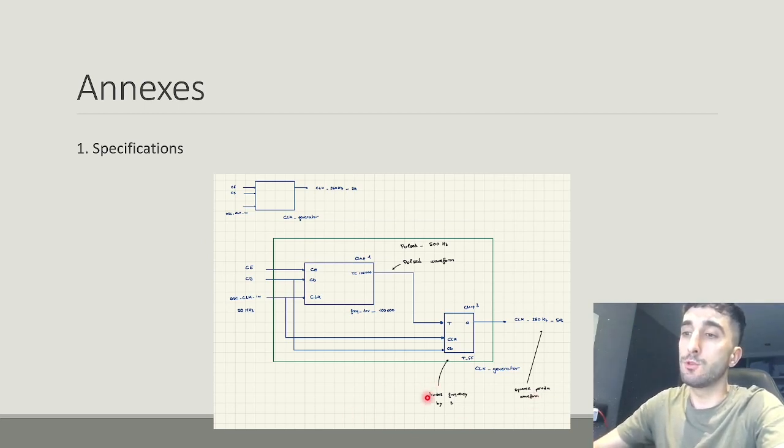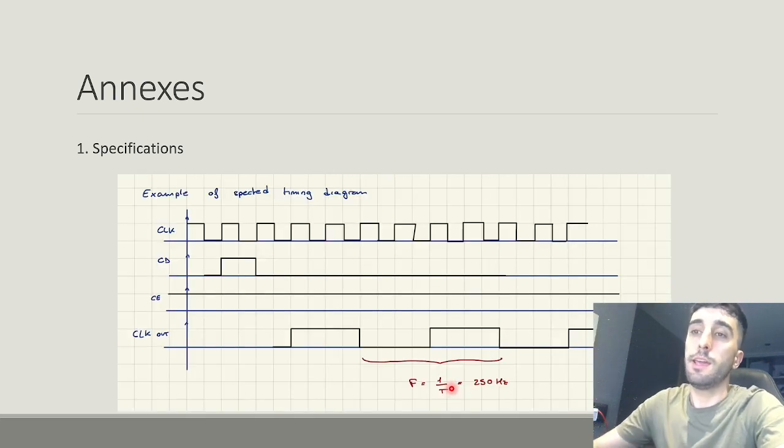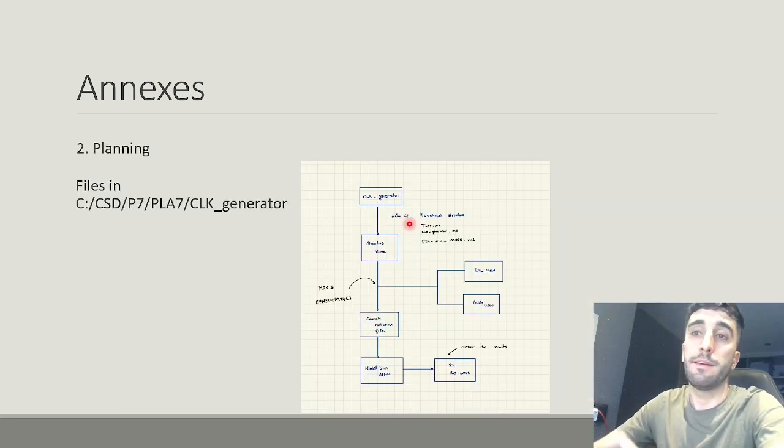So we have to be careful with this, because this chip divides the frequency by 2. Here we have an example of the expected timing diagram. We must obtain this from this.